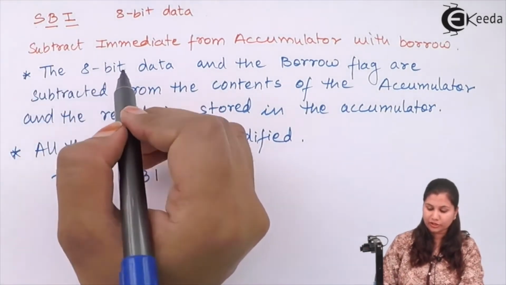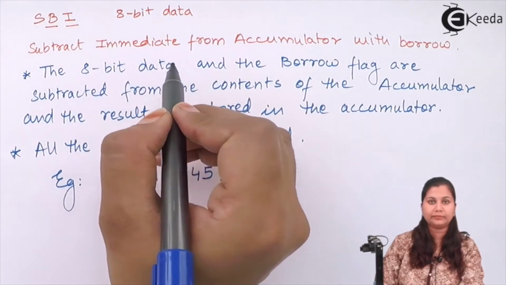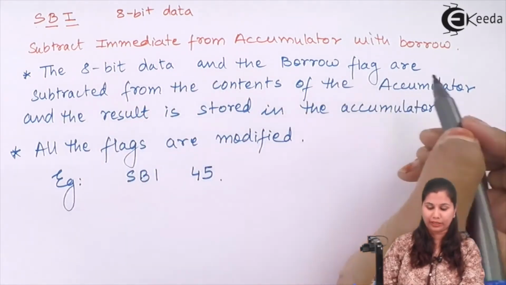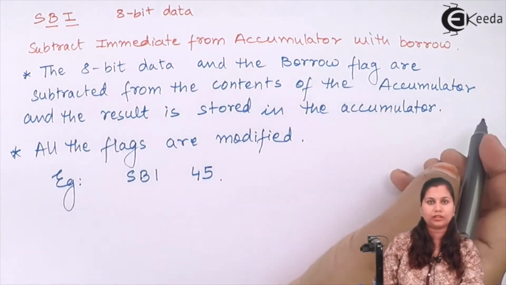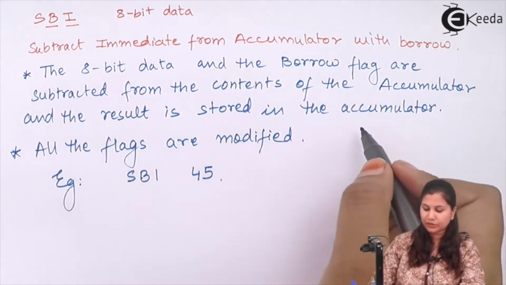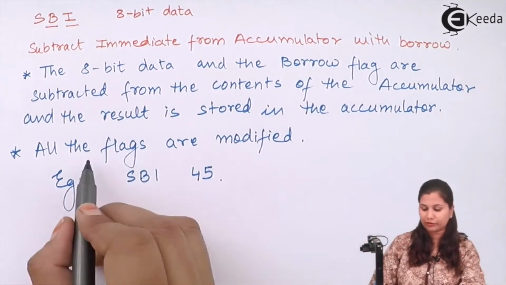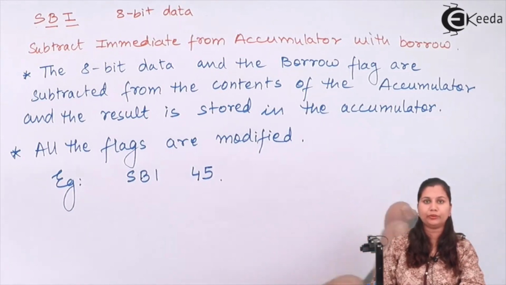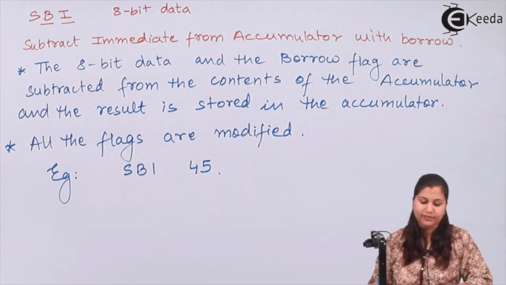So this instruction is subtracting the 8-bit data along with the borrow flag from the contents of the accumulator, and the result is stored in the accumulator itself, and also all the flags are modified to reflect the result of the subtraction.